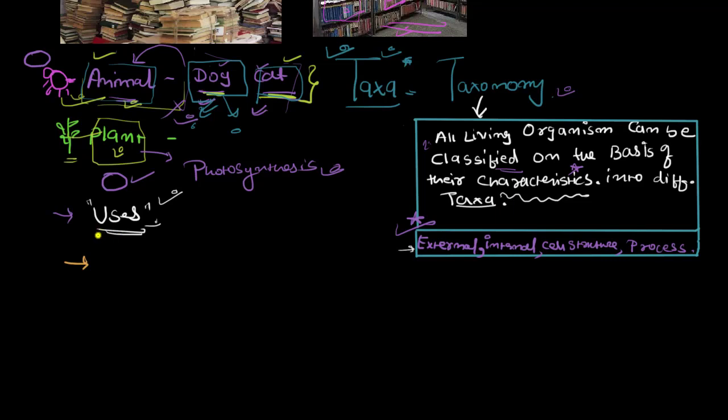For example, this is taxonomy. If you are going to study or research the relationship between us and the other living things, that study is called systematics. So in systematics, you actually see what your relationship is with these organisms.